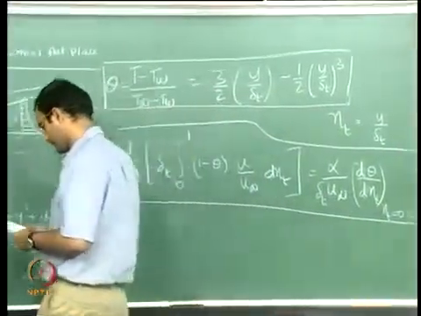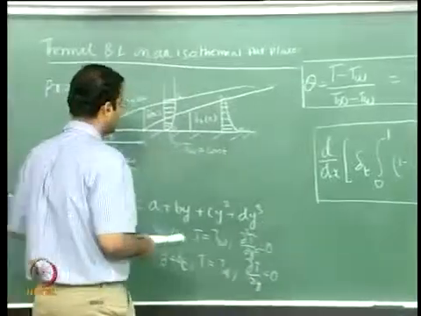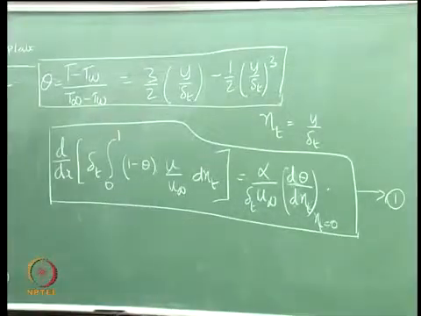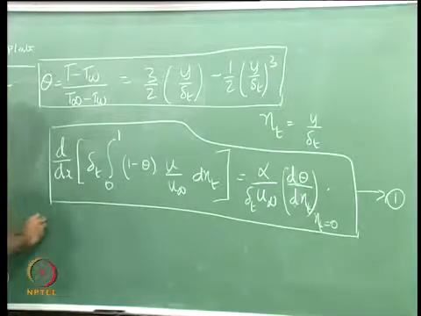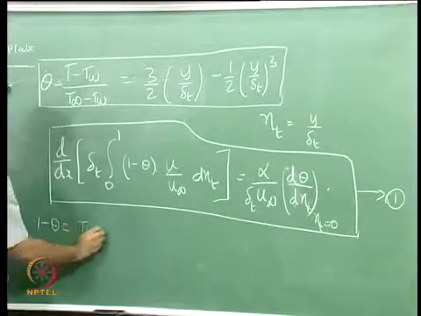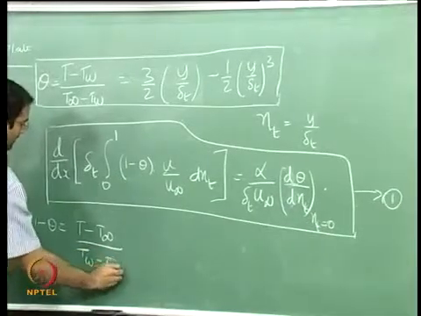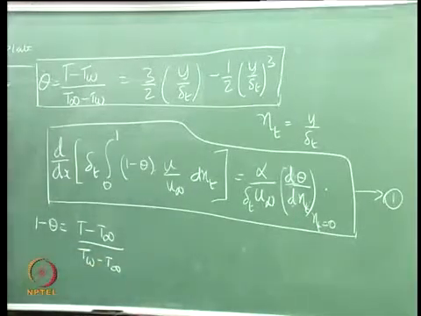Okay, everybody is clear? Okay, so now this is theta, so 1 minus theta will be what? T minus T infinity by T wall minus T infinity. Is that right?